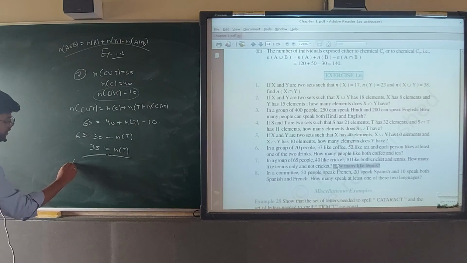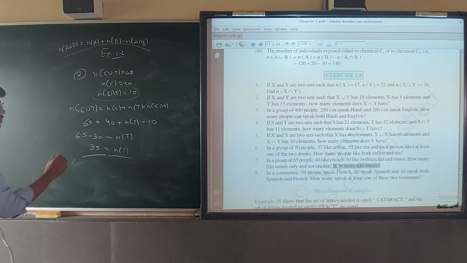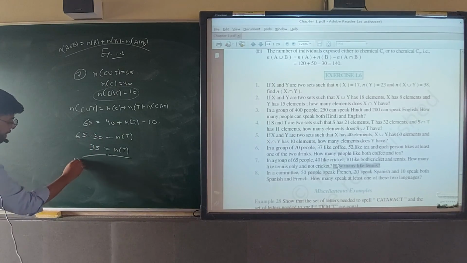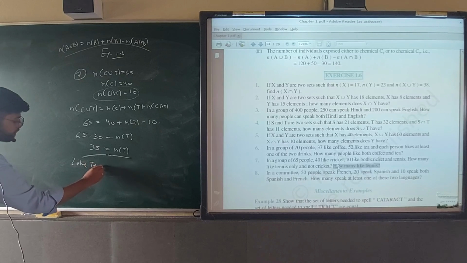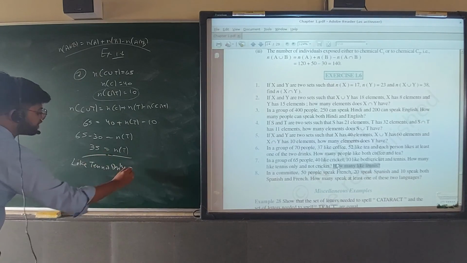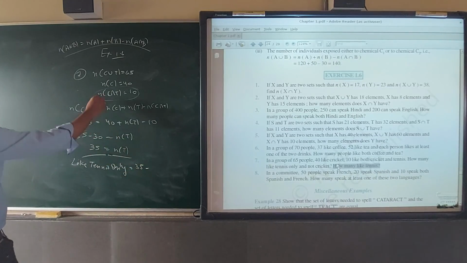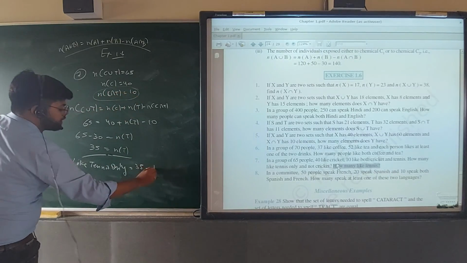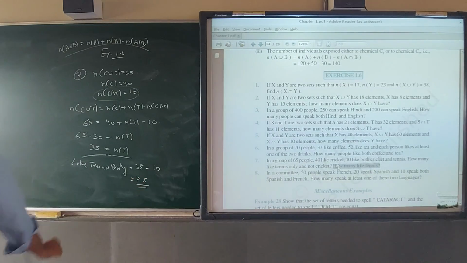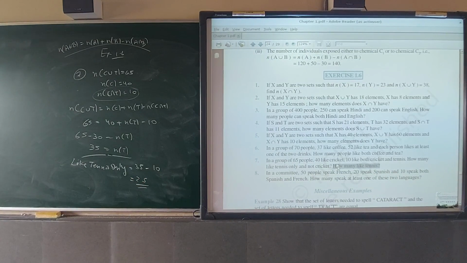So we have to find for only tennis. Only tennis one means 35 minus whatever the common one playing both the games, which will be 10. So it will be 25 players who like only tennis. No one playing cricket in this 25 students. So question number 8 will be homework, and now exercise 1.6 is finished.